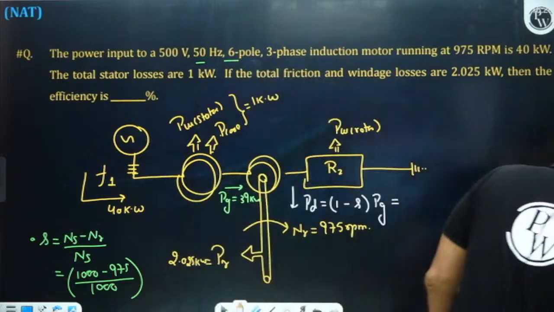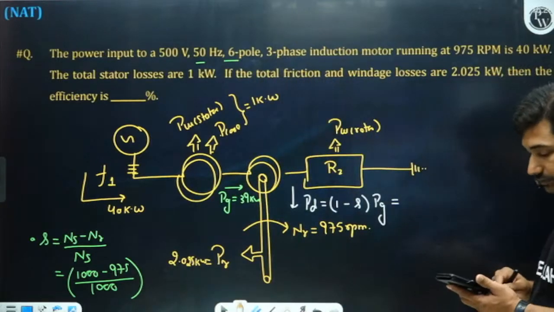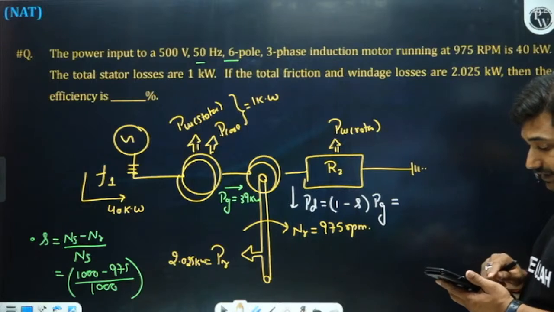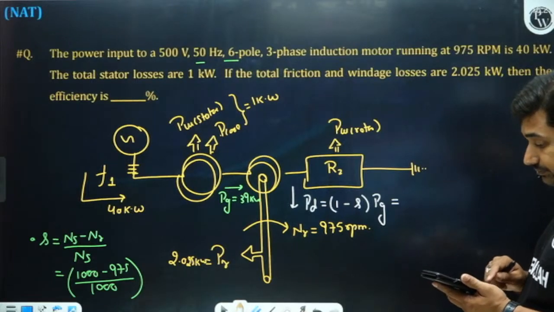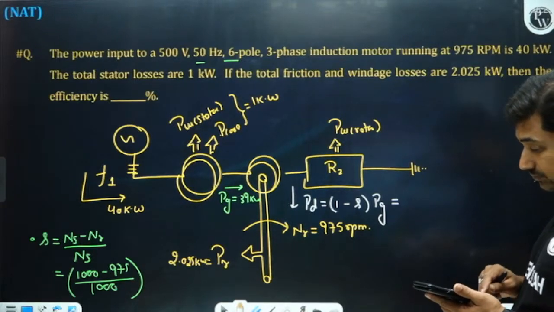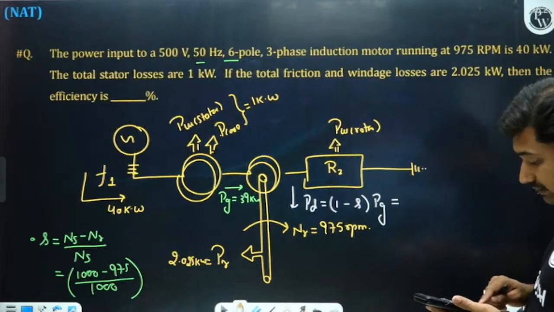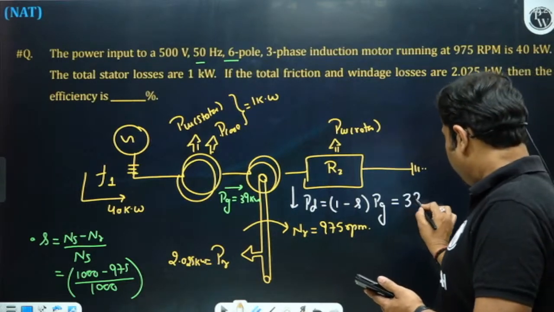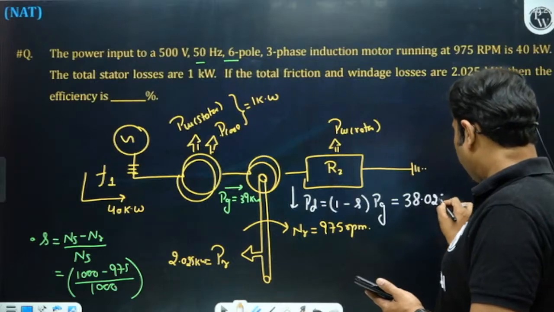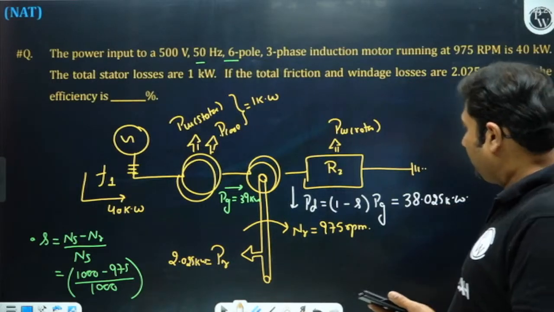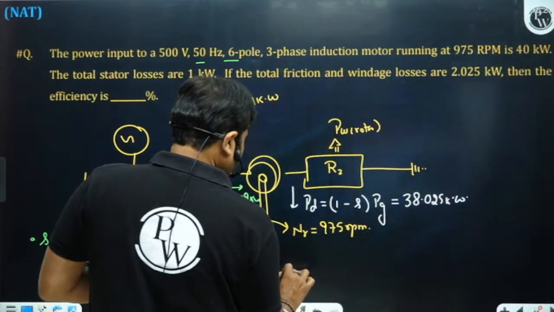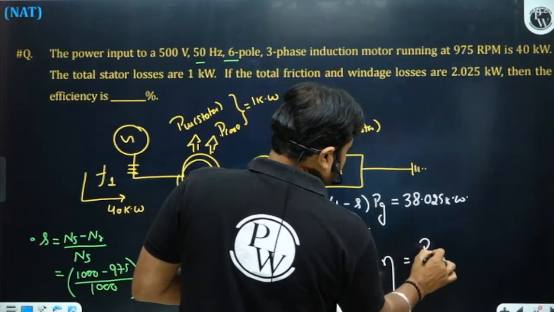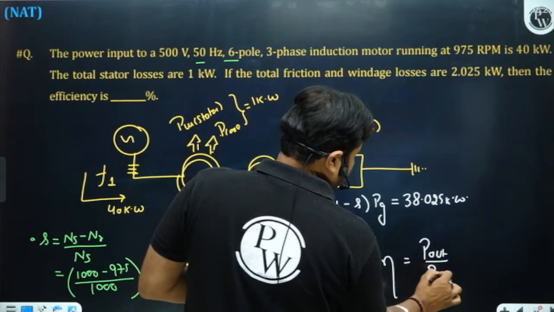So developed power will become 1 minus the slip multiplied by 39, that is 38.025 kilowatt. When you know about developed power, you can calculate output power as well. And efficiency will become output upon input into 100.